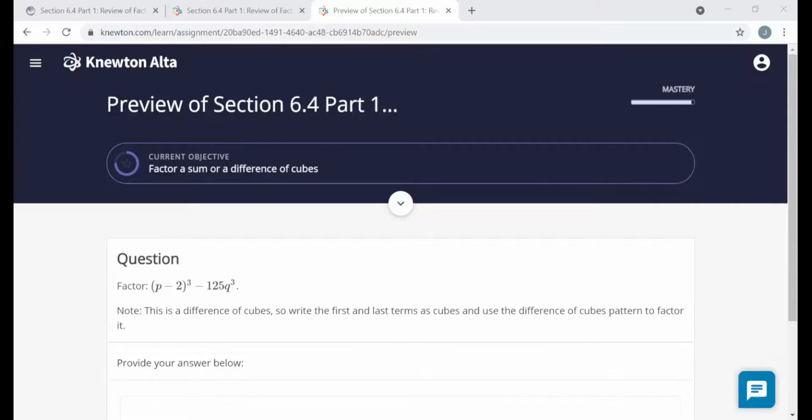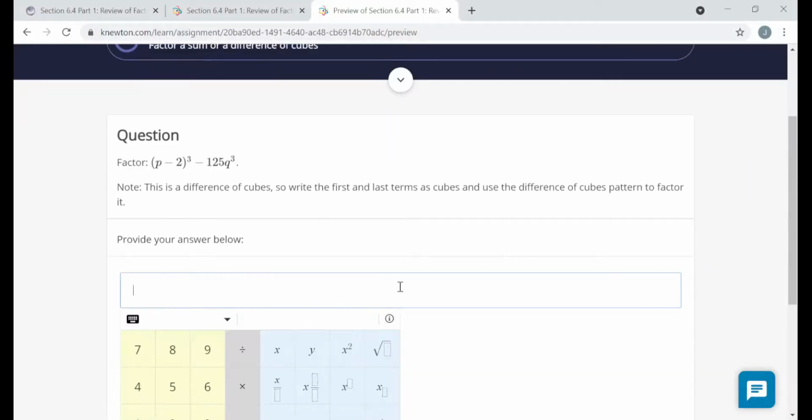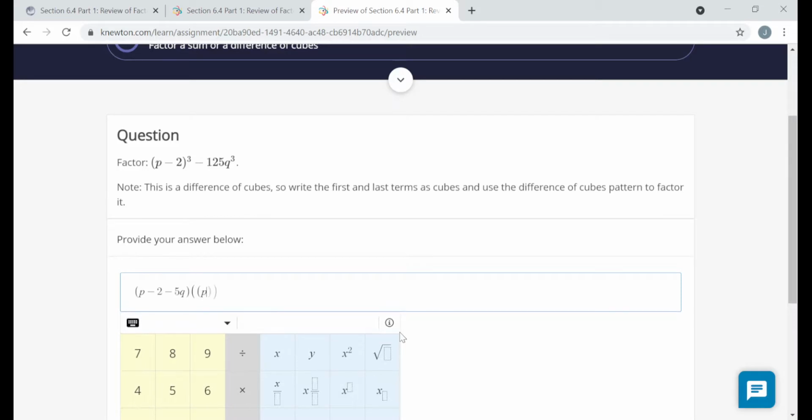All right. So first factor, set of parentheses, we have p minus 2 minus 5q. And close parentheses, new set of parentheses, next factor. Then I got the quantity p minus 2 to the second.